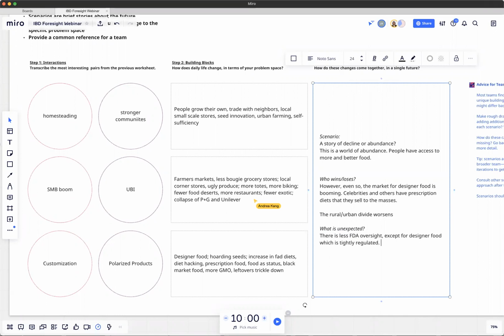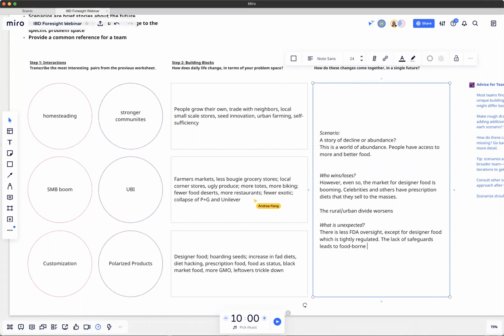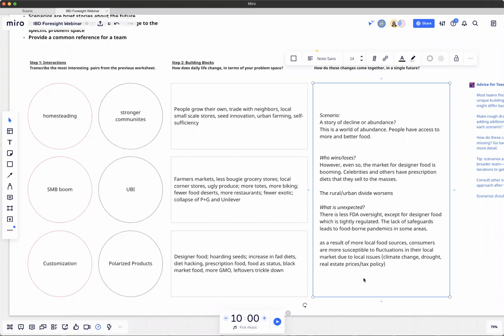Yeah, so maybe the shift. There's less FDA oversight except for designer food, which is tightly regulated. The lack of safeguards leads to foodborne pandemics in some areas. Sounds great. Thank you, Nicole. I'm just going to copy that one directly.